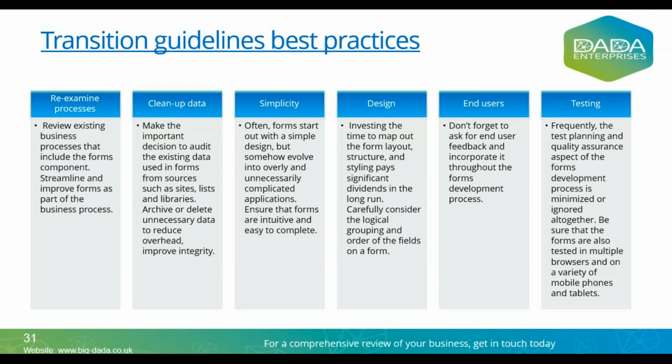So in terms of transition guidelines, the useful thing is to review your existing processes before you automate them. So make sure that it's optimized. Streamlining and improving your forms before you try to automate anything is a good idea.